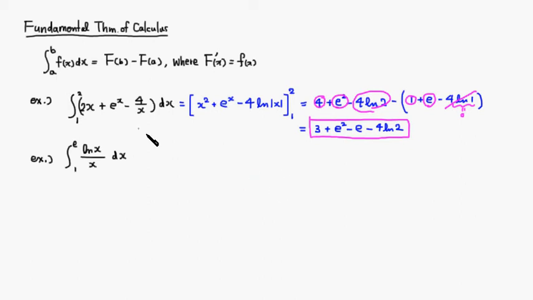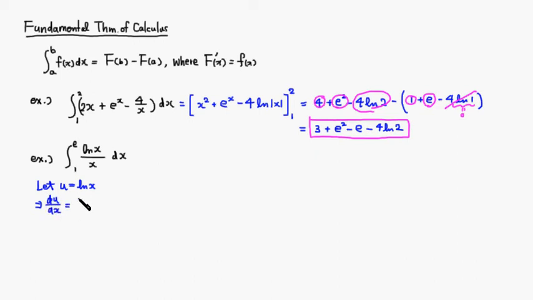And the second example is a definite integral involving substitution. Let's use a substitution. In this case, you have a natural log of x, and usually u is going to be natural log of x. Then you go through the usual drill. Take the derivative of u with respect to x.